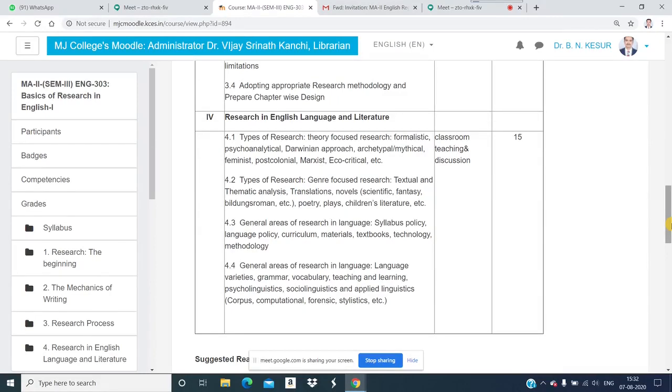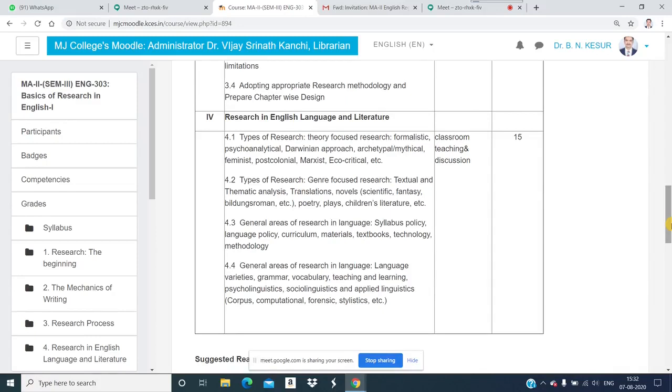For example, syllabus policy, language policy in this particular NEP, or curriculum in this new NEP and the old one. Did you get my point? So you can think about such things in the area of research in language. That is also called the ELT, English language teaching area.